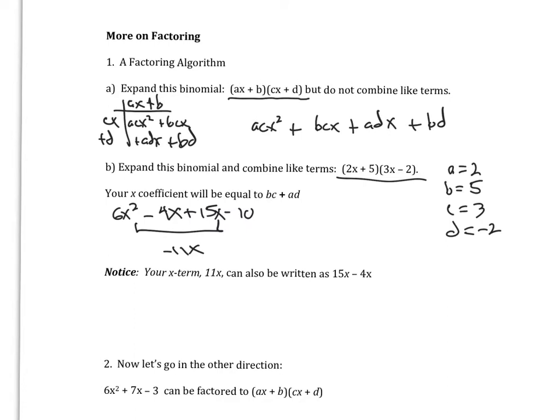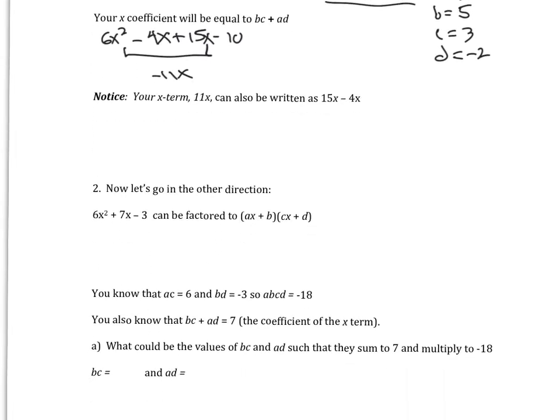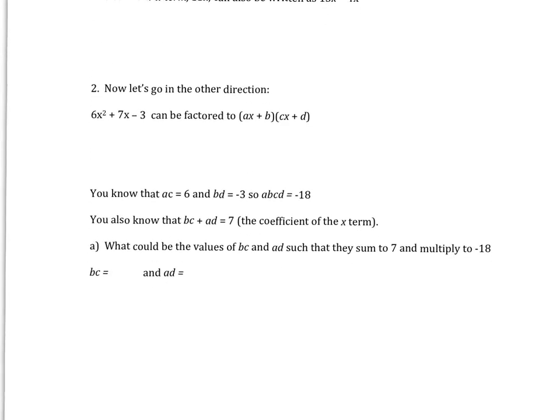The point here is that we want to be able to think about the reverse of expansion, which is factoring. And so we want to be able to think about how we could take 6x squared plus 7x minus 3 and factor it into ax plus b times cx plus d. So we know from above that ac is 6, bd is negative 3, abcd is negative 18.